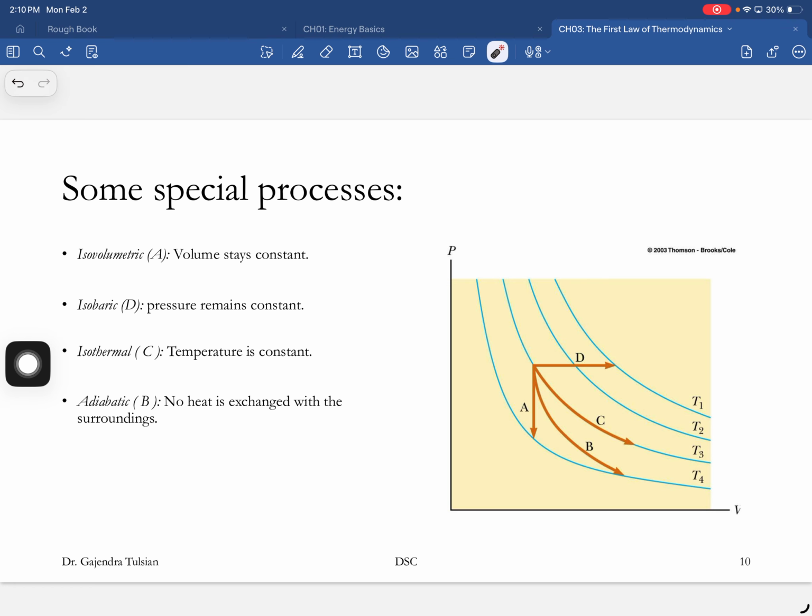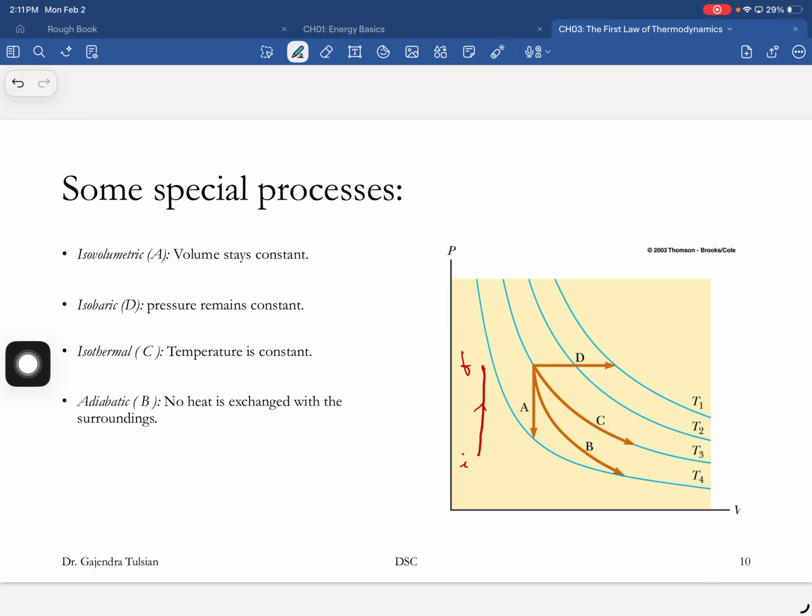For the various processes, we are saying something about each of these terms. What are the processes that we've learned? Isovolumetric. What is an isovolumetric process? Volume is constant. For an isovolumetric process, the area under that curve is 0, so the work done is 0. What is an isobaric process? Pressure is constant. So for an isobaric process, work done is just the constant pressure times the change in volume.